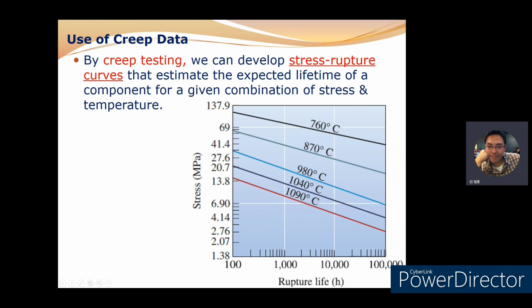And by creep testing, we can develop stress rupture curves that estimate the expected lifetime of the component for a given combination of stress and temperature. So look at this figure. Can you develop an experiment to plot this figure?